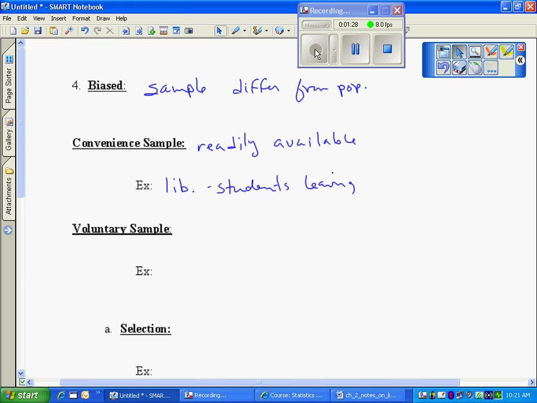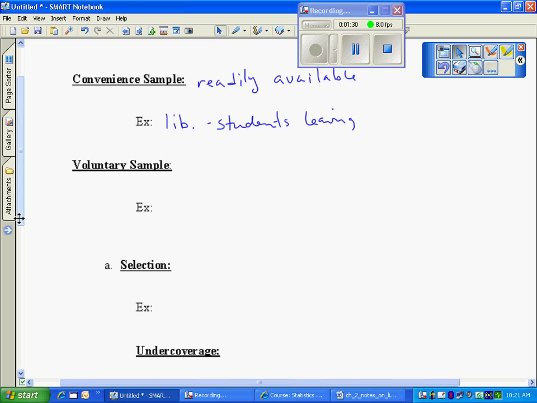A voluntary sample is just that. You volunteer. You voluntarily choose to be in there. So it's a choice that you make. And the only time I'm going to choose that is if I have a strong opinion. So a voluntary sample is just going to get those people that really care. It might be when you're asked to call in and vote.